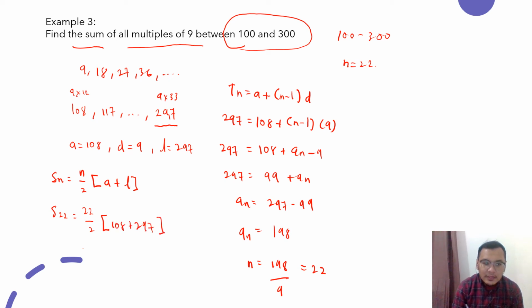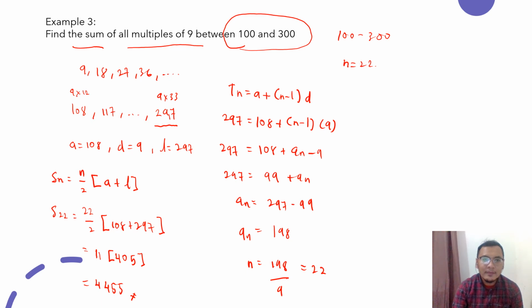So 22 over 2, we will get 11, and 108 plus 297, we will get 405. 405 times 11, so we will get 4455. Okay, so this is the answer of the sum of all multiples of 9 between 100 and 300.